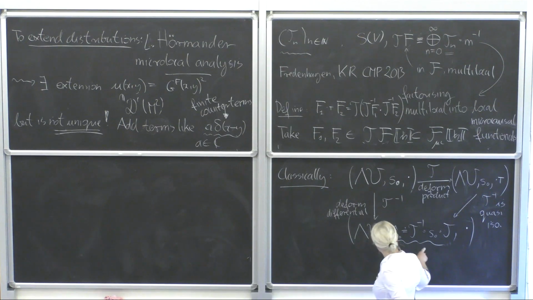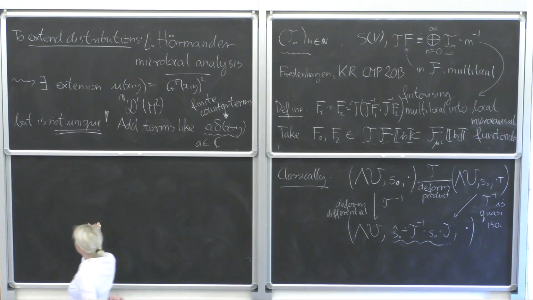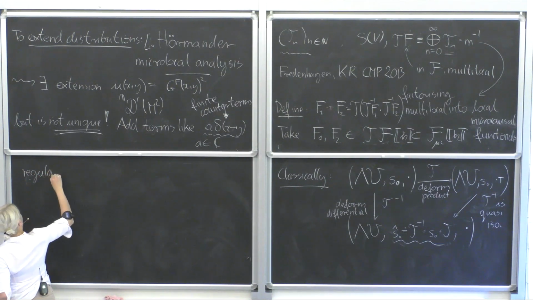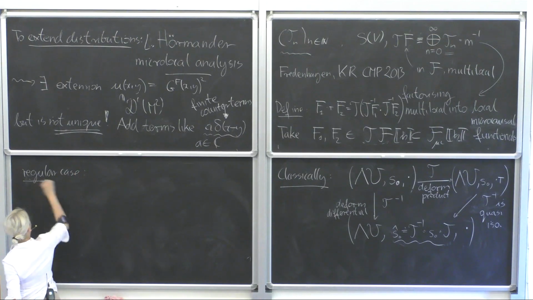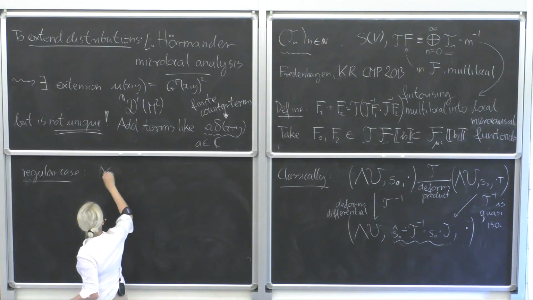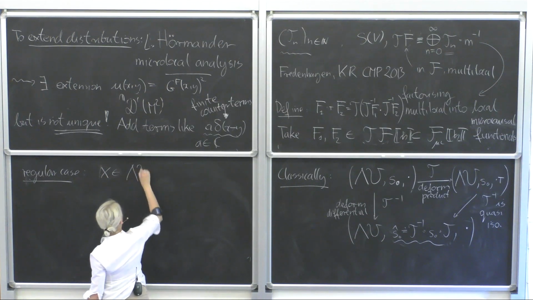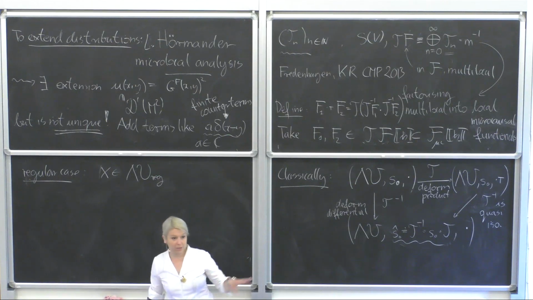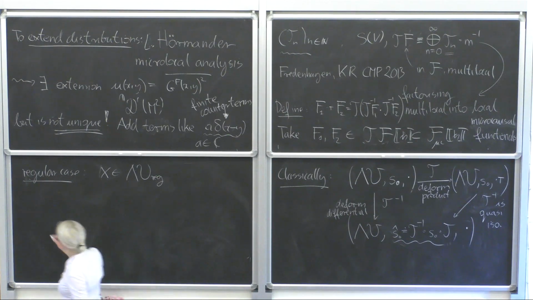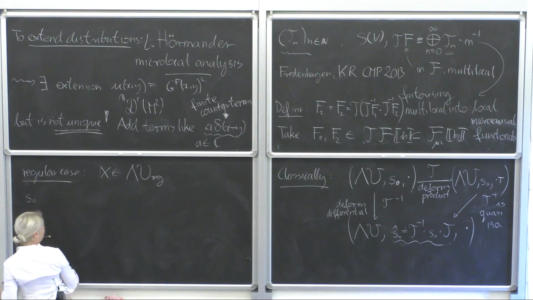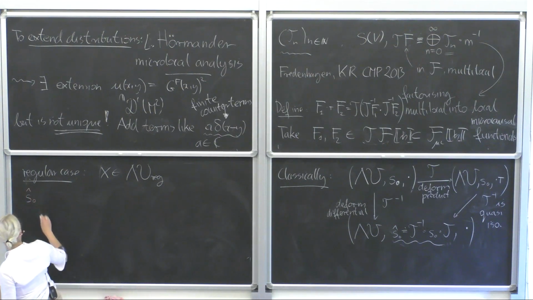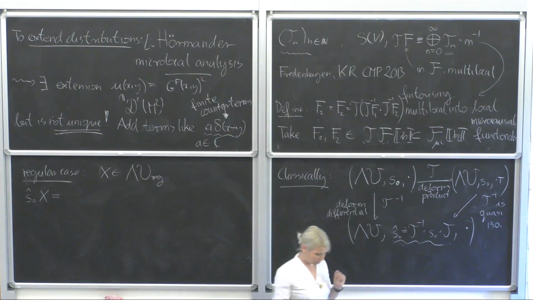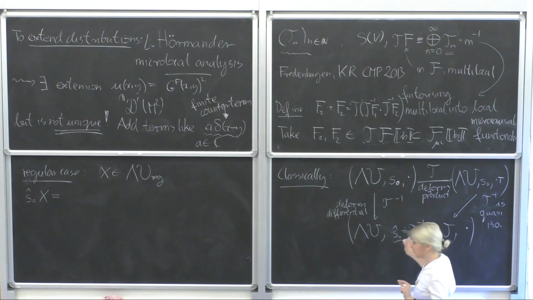Okay, so let me now compute this. The regular case. Say X is a regular fully vector field. For regular things, I can use the naive formula. S0 hat on X: I'm going to do it in a bit of physicsy notation.